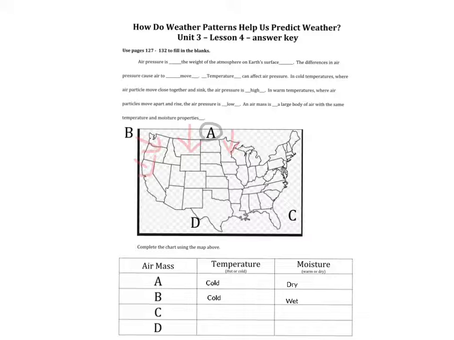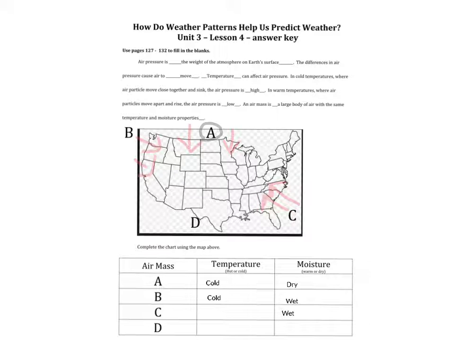All right. So then C, this is very applicable because of where we live. Most of the times when we have air masses traveling our direction, again, think about where it is coming from. In this case, the Atlantic Ocean. So the moisture level here would be very wet. But now, thinking about where C is located, it's definitely not as far north as A and B are.